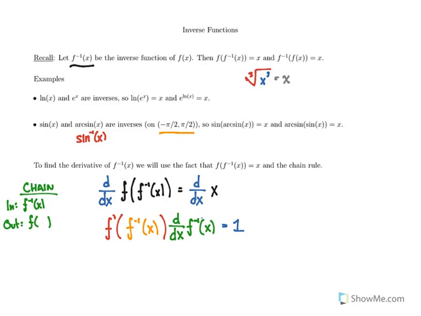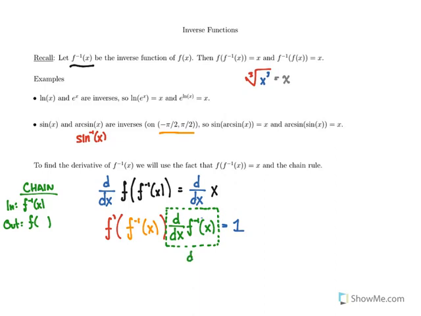And now we actually have an equation where we have what we're looking for, the derivative of f inverse. So now I'm going to solve for that by dividing both sides by f prime of f inverse of x.